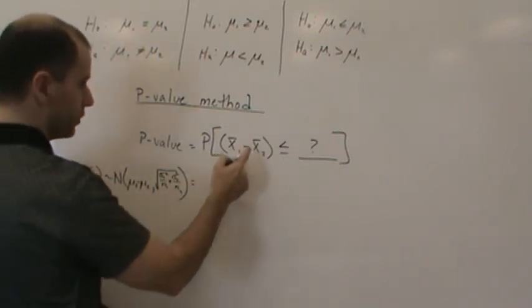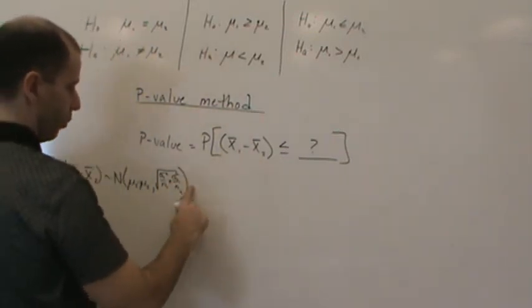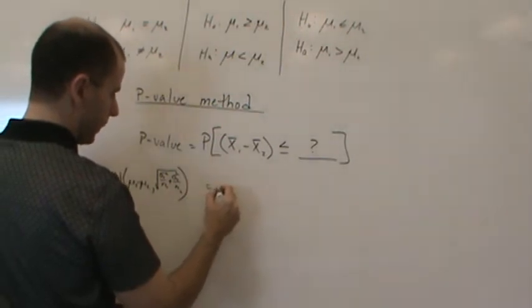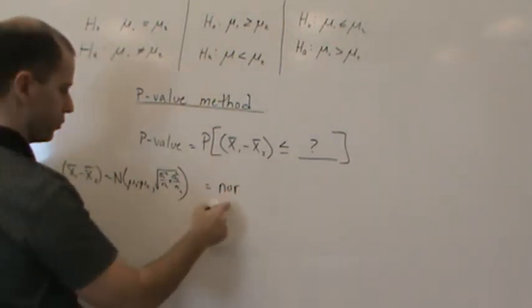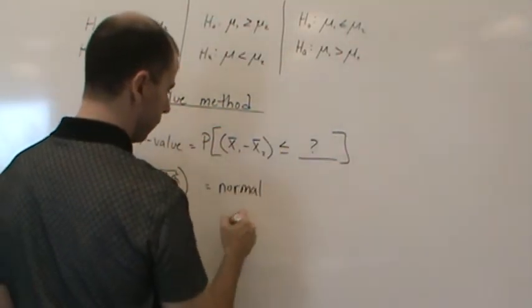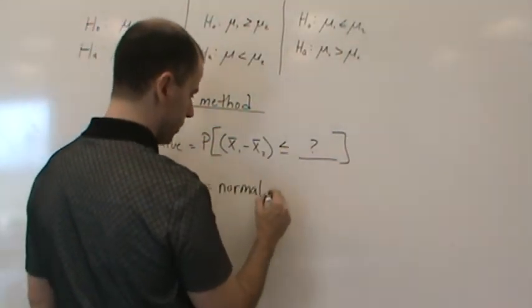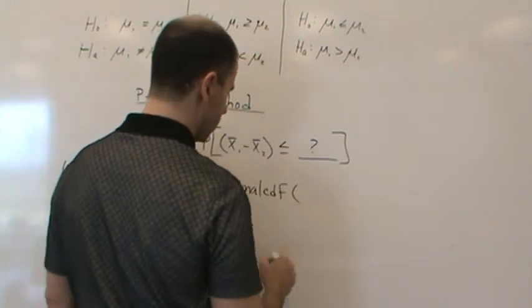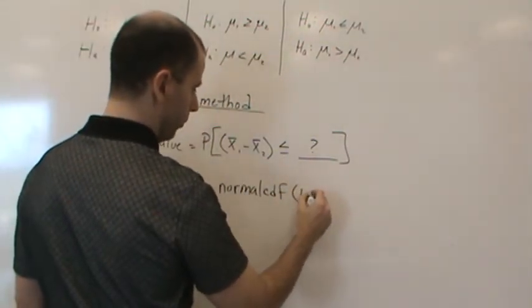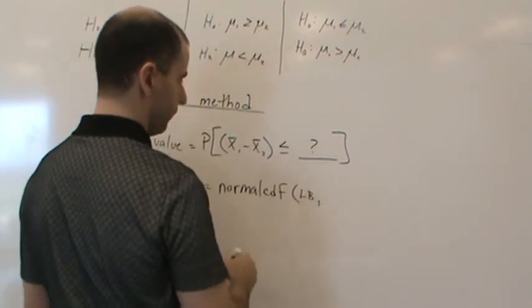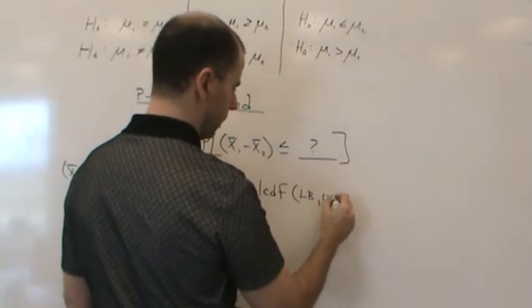So now, if we're going to use this, when we use normal CDF, because if it's normal, we can use normal CDF to get our probability, right? We just need to make sure that we put in the correct lower bound and the correct upper bound.